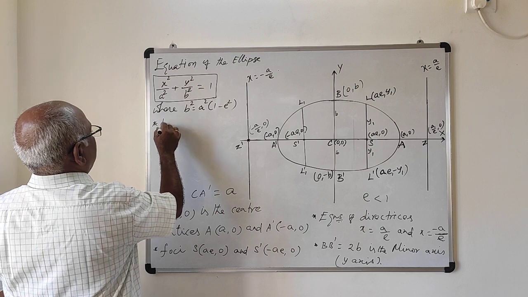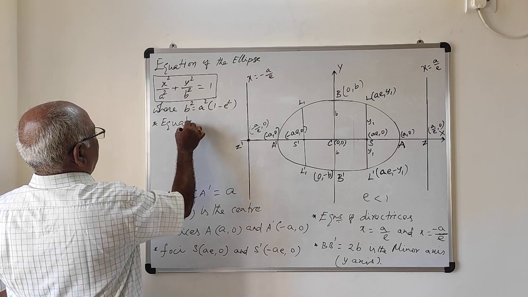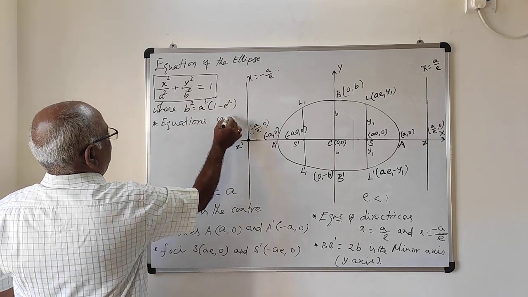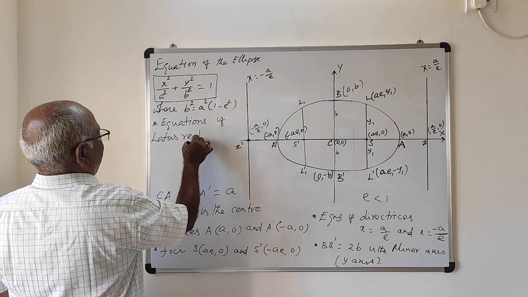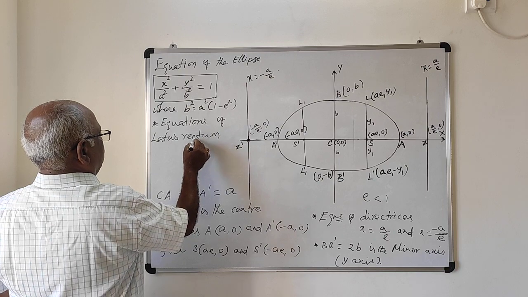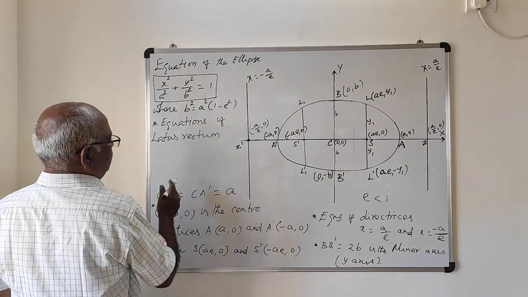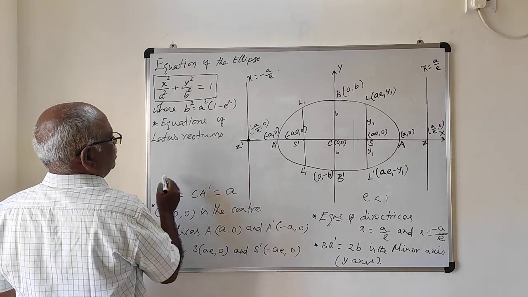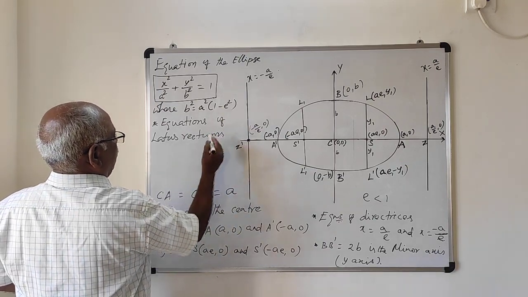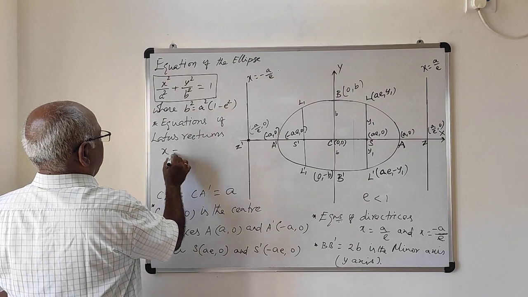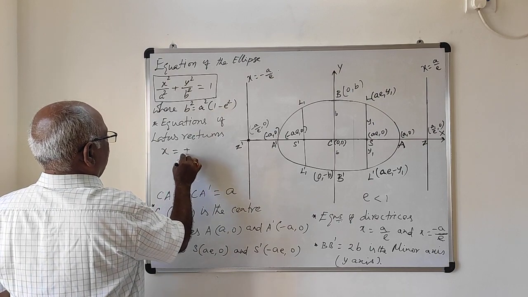Next, equations of latus rectum. Two latus rectums we have. x equal to plus or minus ae.